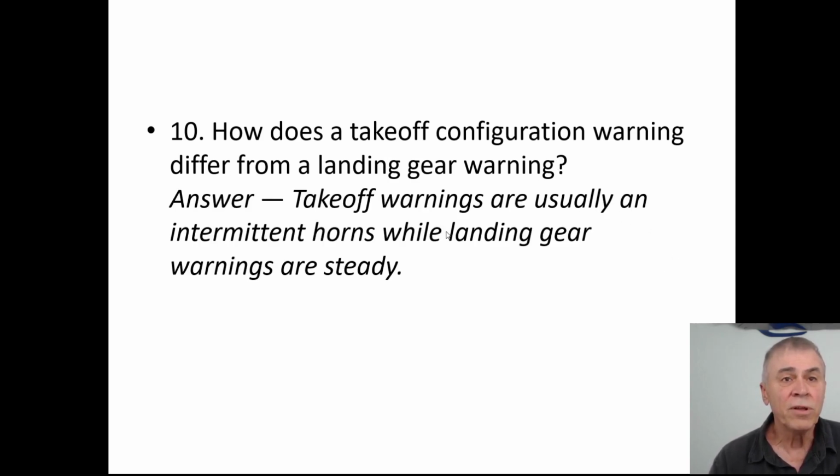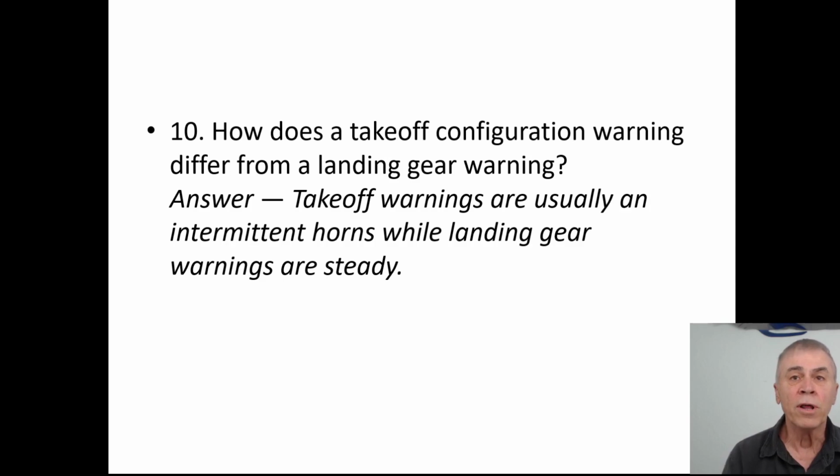Takeoff warnings are usually intermittent horns, while landing gear warnings are steady. I do remember this now. It was filed away a long time ago. All right. So how does the warning itself differ from the landing gear warning? I guess I'd be marked wrong because I did not understand the question. I jumped into a system as opposed to the warning itself.